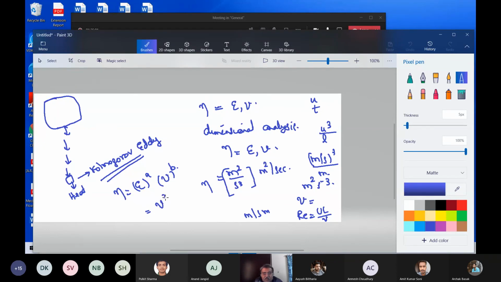If you do it, you will get eta to be nu cube by epsilon to the power 1 by 4. So this is correct. By just dimensional analysis, you got a very correct derivation, which is why he is remembered as a great scientist. So nu cube by epsilon raised to 1 by 4 is basically eta.